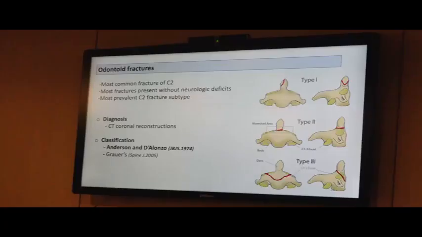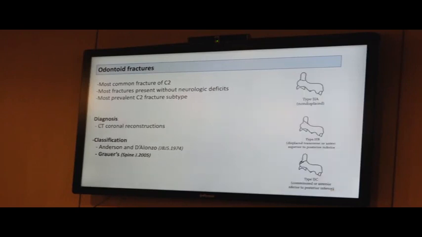In this type 2, the fracture occurs at the junction of the odontoid process with the body. In 2005, Lorenz proposed a modified classification system of odontoid fracture to help guide fracture management, and the system modified and redefined Anderson and D'Alonzo type 2 and 3 odontoid fracture subtypes.